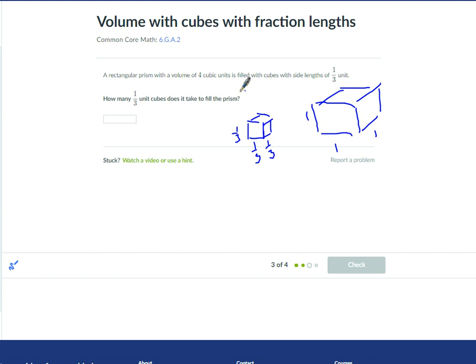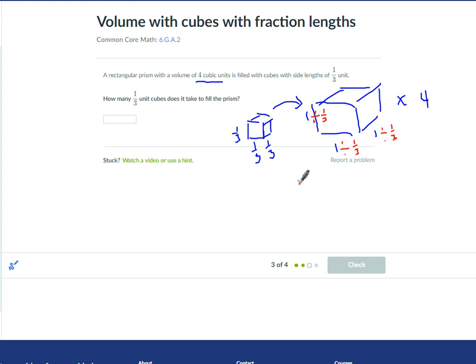Once I figure that out, since there are 4 cubic units, I'm just going to multiply that final answer by 4. So again, I'm asking how many 1/3 could fit into 1. 1 divided by 1/3 will tell me how many could fit in the height, along the length, and along the width.